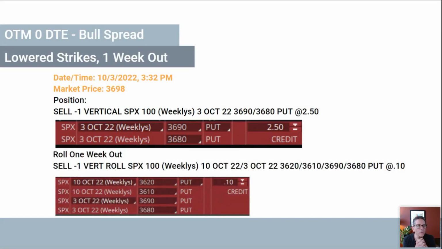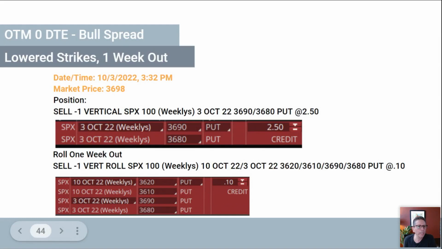Okay, so lowering the strikes 1 week out. This one, it's out of the money here, right? So it's 36.98. Oh no, there's a put spread.